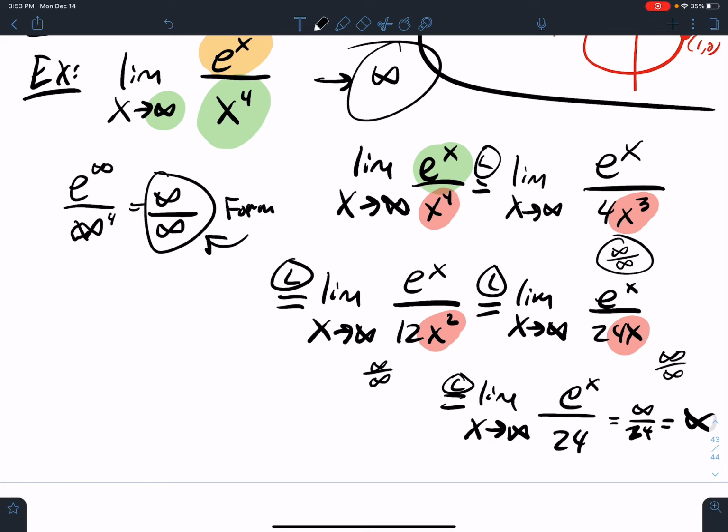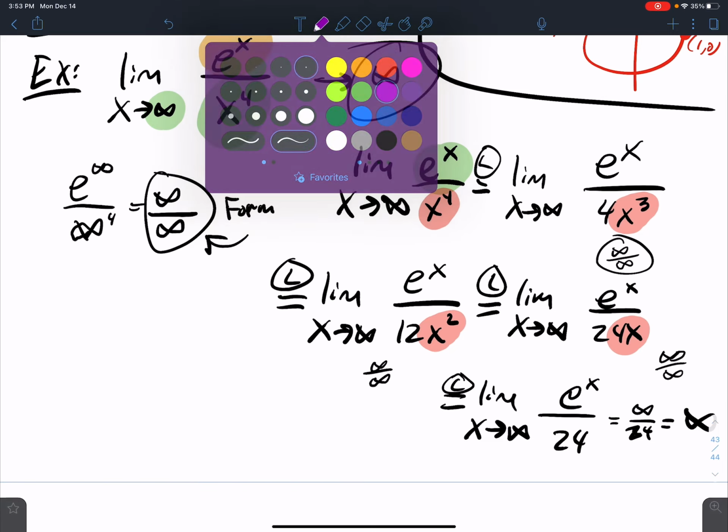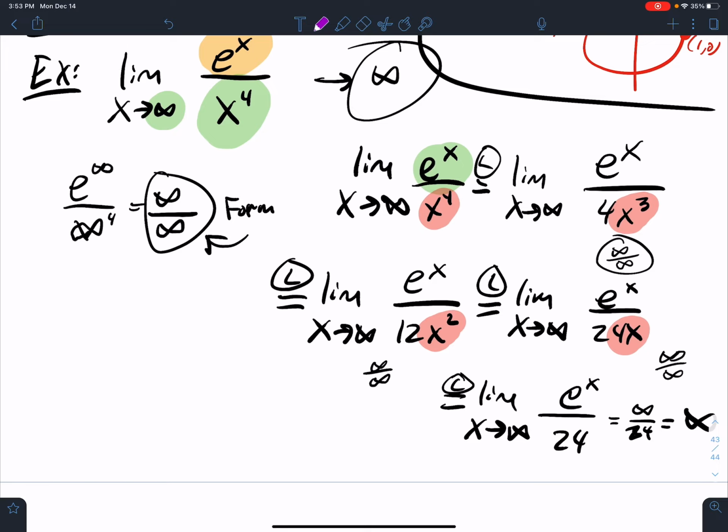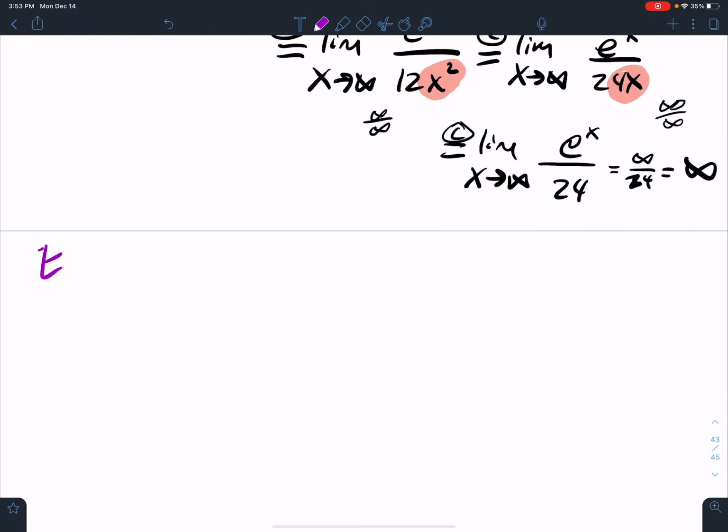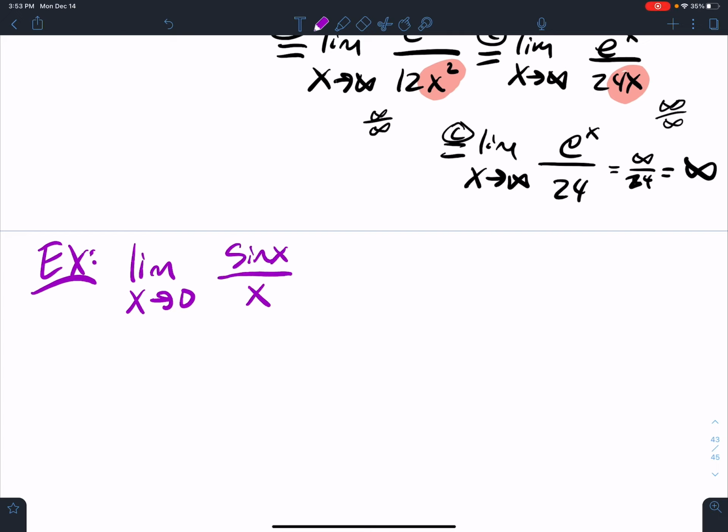All right. If you think back to Cal 1, there were a couple of special trig limits that I told you to memorize. Now we're going to show you why these work through L'Hopital's rule. The limit as x goes to 0 of sine x over x. If you remember what this equals, that's great. If you don't, what happens when I plug in 0?